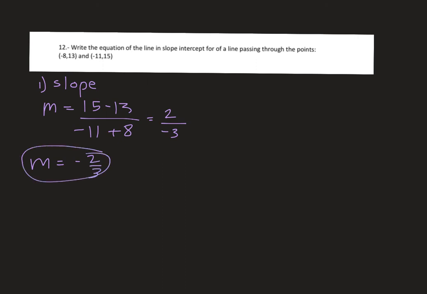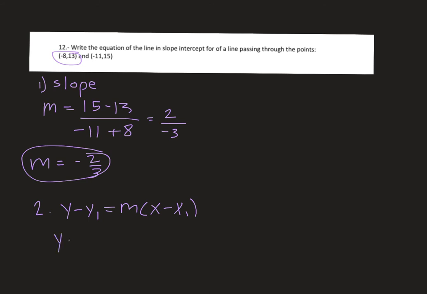Now, once we find our slope, we need to put all of the information we have into y minus y1 equals m times x minus x1. The x1, y1 is a point, and it can be either one of the points. So I'm just going to use the first one, negative 8, 13, and put them directly into that equation.